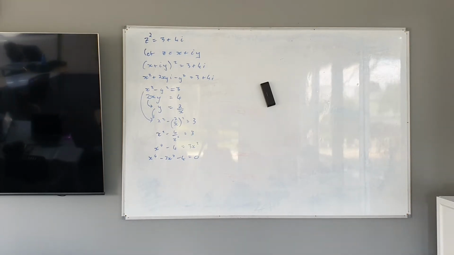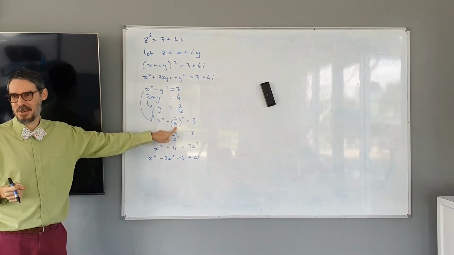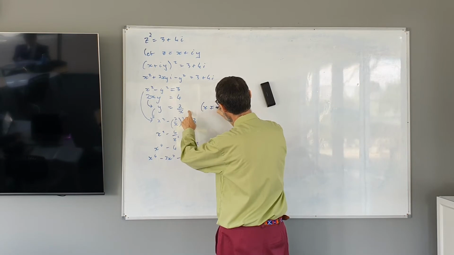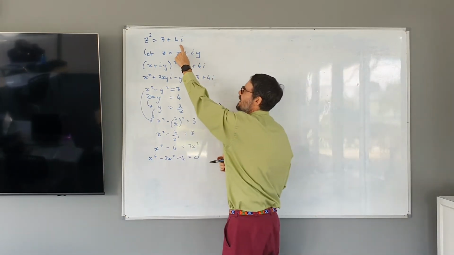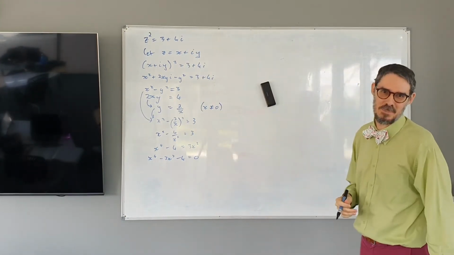X cannot be 0. If x was 0, I would have been dividing by 0, and I'm not allowed to do that. Technically, I should go here, x not equal to 0. But we know x can't be 0 because 0 squared does not equal 3 plus 4i.